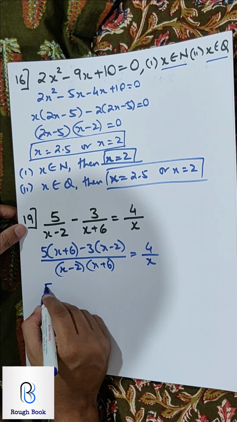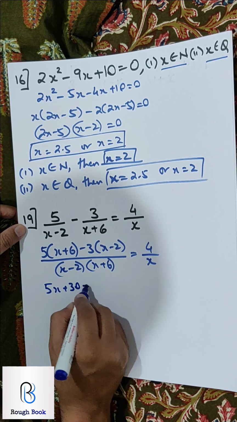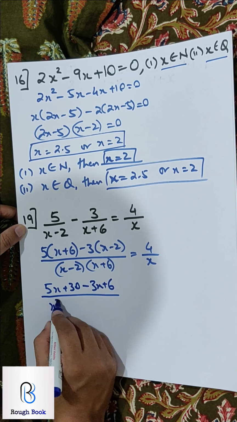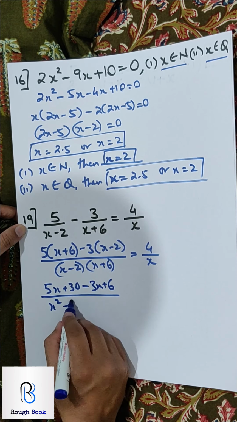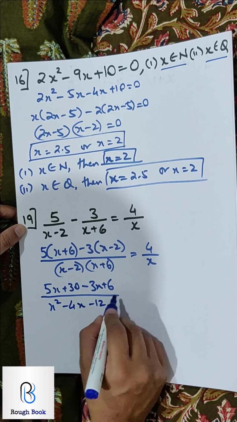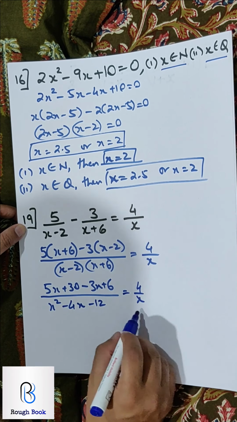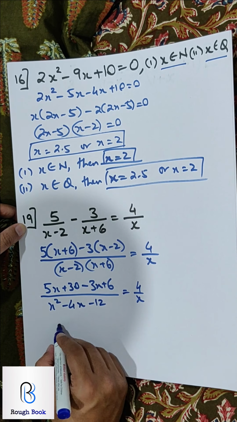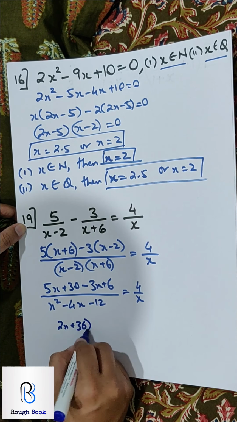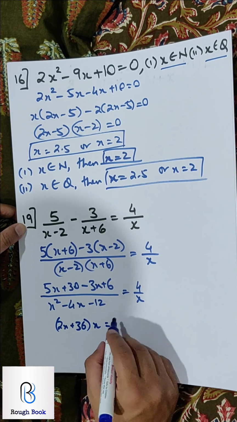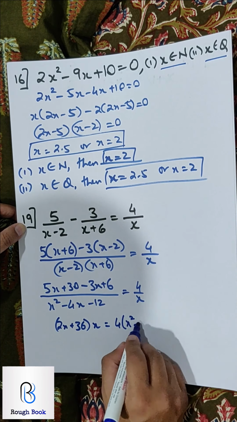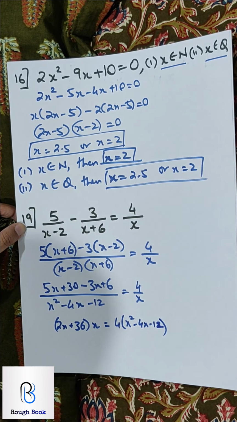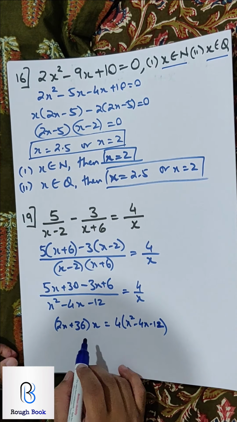Open the brackets. 5x plus 30 minus 3x plus 6 upon x square plus 4x minus 12, equals 4 by x. So I'll have to cross multiply. Before that, 5 minus 3 is 2x plus 36 into this x, and 4 times x square minus 4x minus 12. Yeah? Open this further.